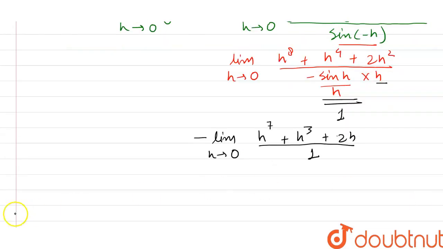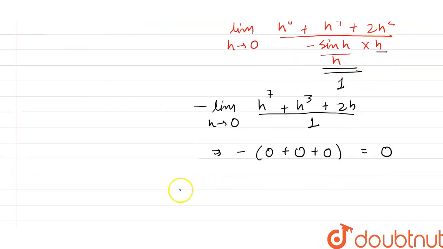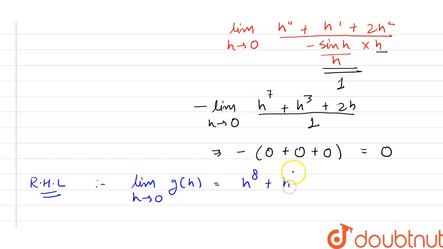If we apply the limit, this is equal to -(0 + 0 + 0), so this is equal to 0. Now simply if we find the right hand limit, this is the limit as h tends to 0 of g(h), which is (h^8 + h^4 + 2h^2) upon sin h.